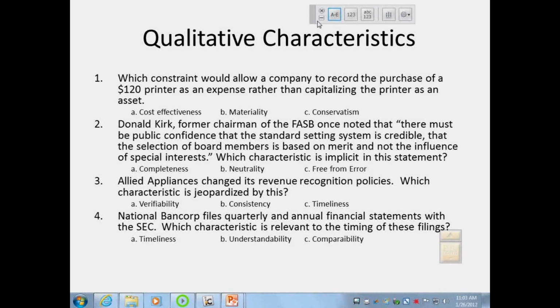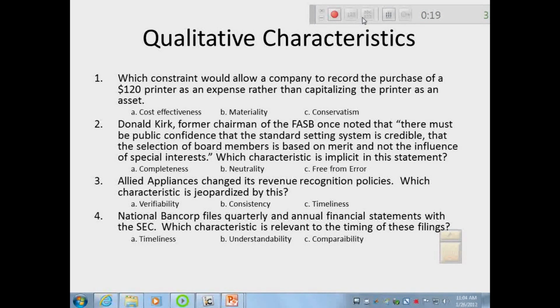Okay. Now, what if the chairman of the FASB makes the comment that there must be public confidence that the standard setting system is credible, that the selection of board members is based on merit and not the influence of special interests.